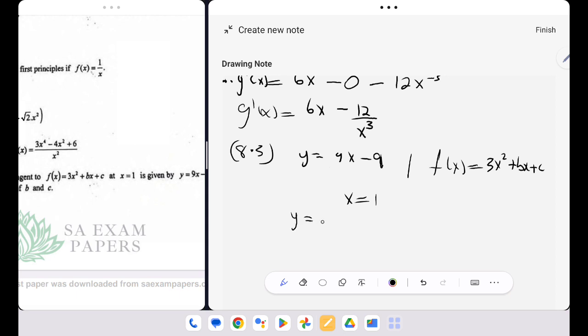So I know that when x is 1, this thing simply means my y value is 0. So my point of contact between the tangent and the curve is (1; 0).